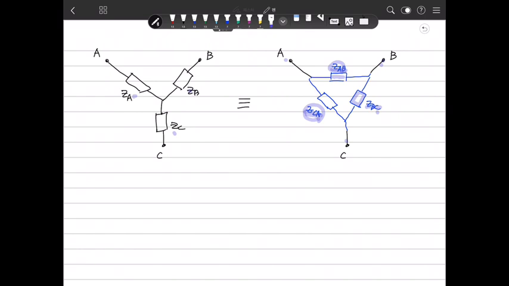So if two circuits are the same thing, then what's the meaning of that? That is to be identical to each other. Then the line-to-line impedance should be identical.